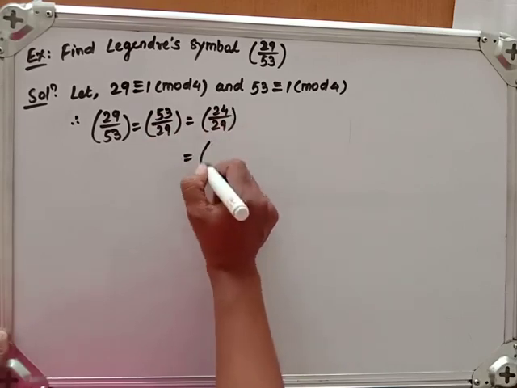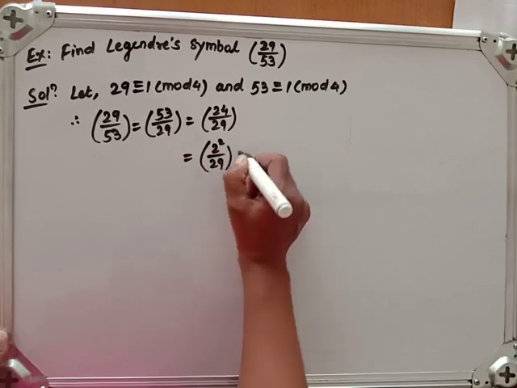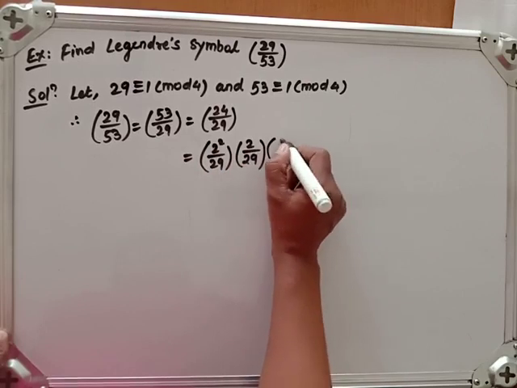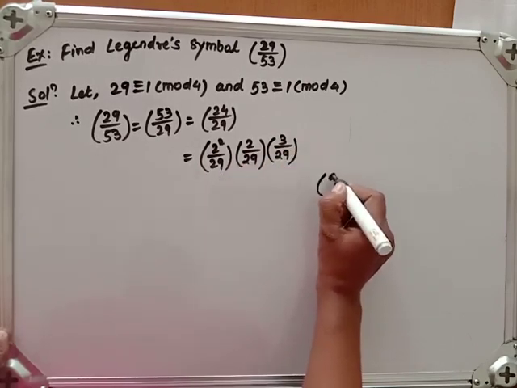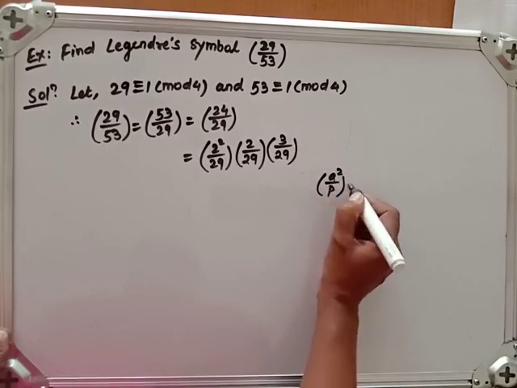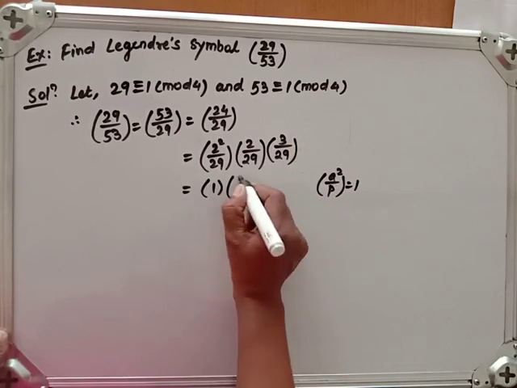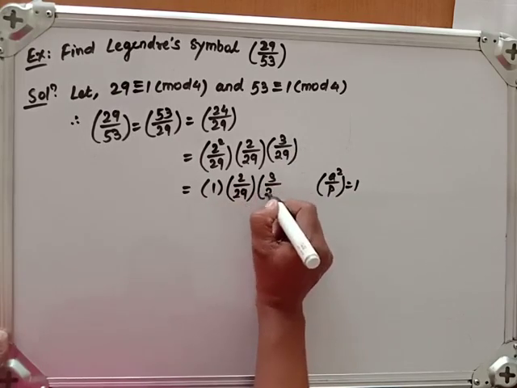Now this 24 can be written as 2 squared by 29 times 2 by 29 times 3 by 29. Now the Legendre symbol of a square by p is 1. That's why this becomes 1 times 2 by 29 times 3 by 29.